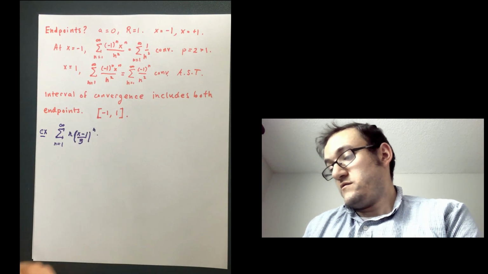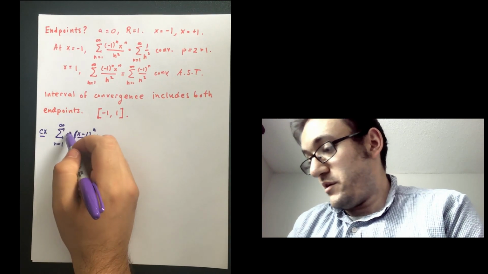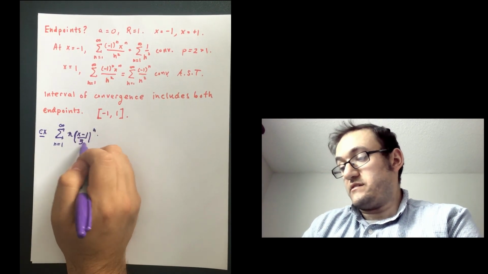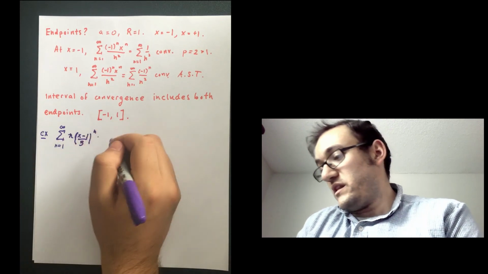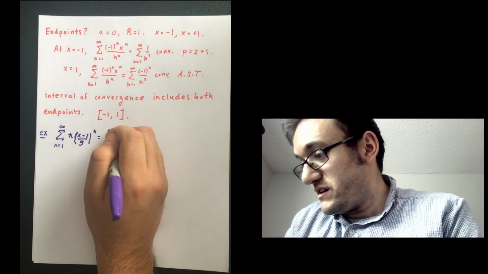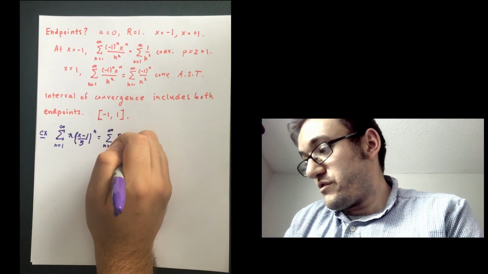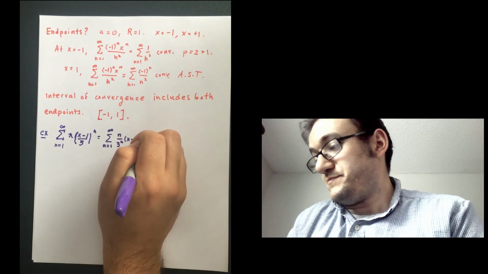Here we have a polynomial term, and inside here it's an expression raised to a power. To make it look a bit more like a power series, we can write it as the sum from n equals 1 to infinity of n over 3 to the n, times x minus 1 to the n.